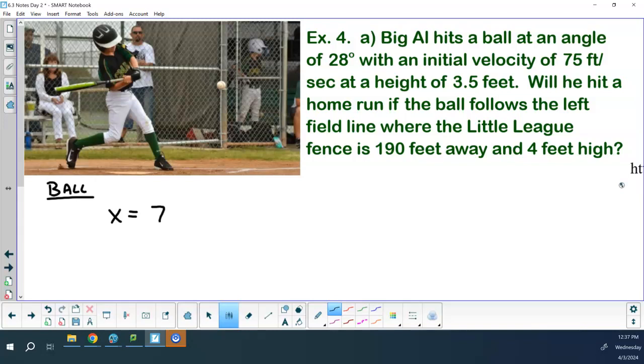$75 cosine of 28 degrees times t. Okay? Y. What's the y going to be?